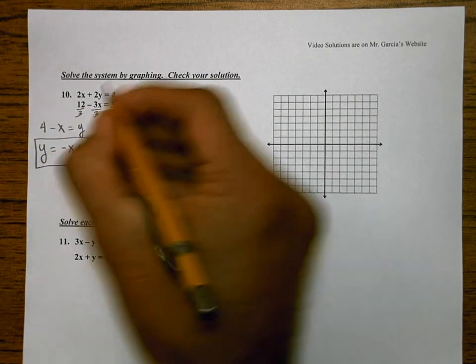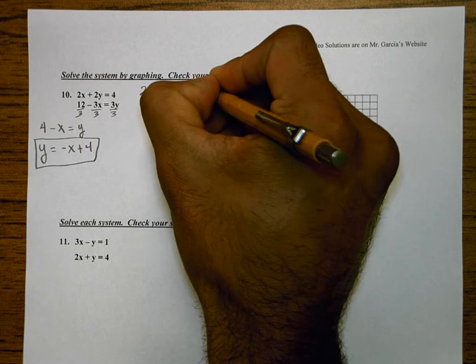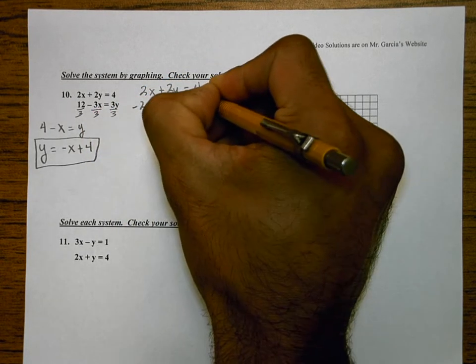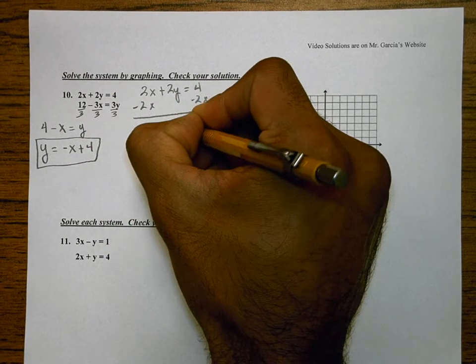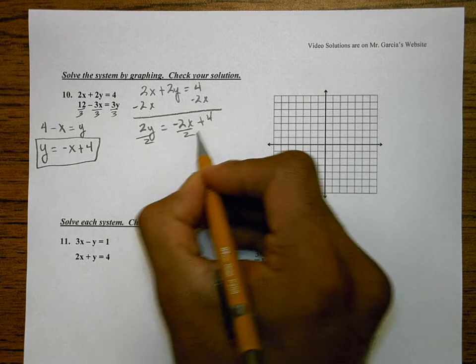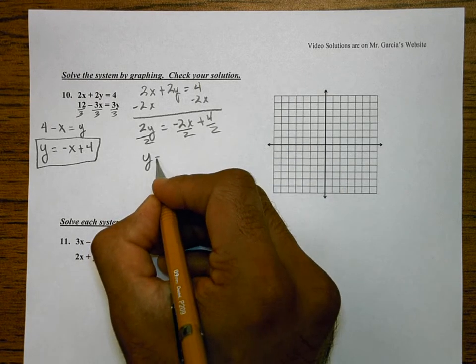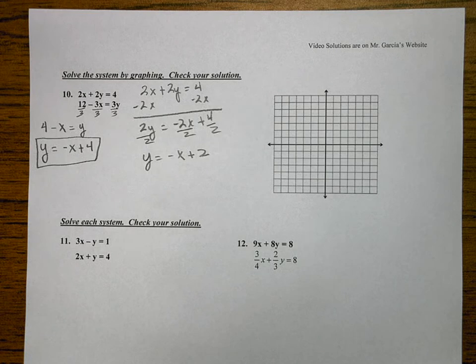Okay. I'm going to take this top one up here and solve this one for y. So subtract 2x from both sides. Divide this one by 2. We get negative x plus 2. Okay.